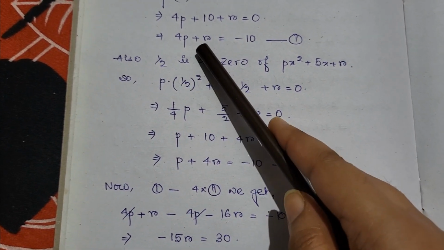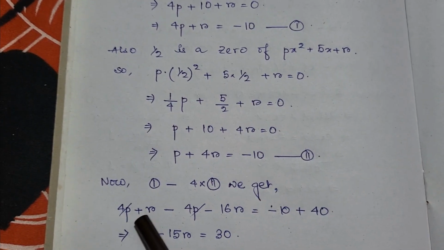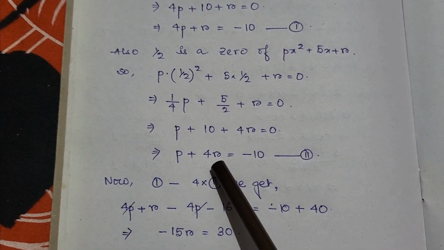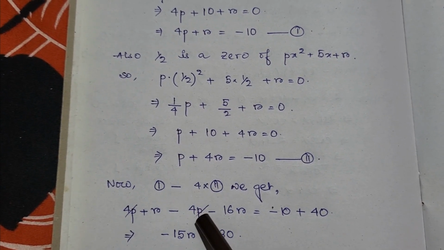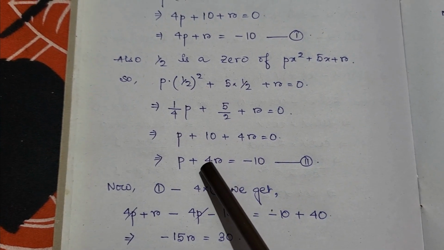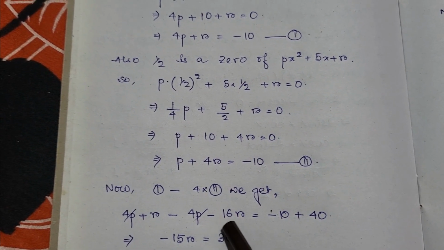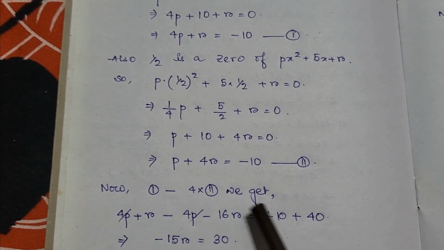So we have first this equation, so we write the LHS as 4p plus r. Here 4p plus r minus multiplying 4 with this equation. So we get a 4p here, and 4 into 4 is 16, so we have 16r with a minus sign, hence we are actually subtracting.